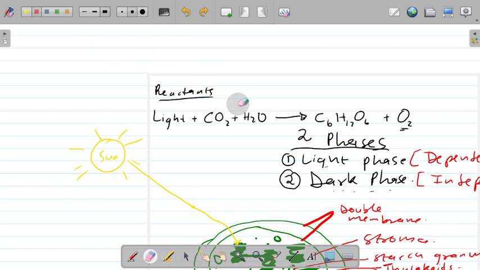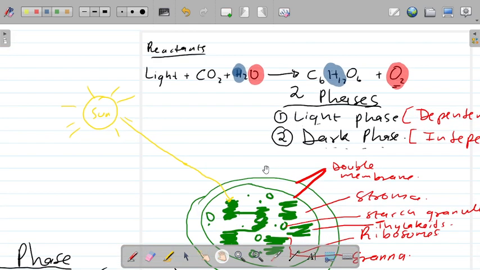This oxygen over here, not the one from carbon dioxide, the one from water, is the one released during photosynthesis as a byproduct. And the hydrogen here will be used later on to form the hydrogens that go into the sugar, which is glucose.